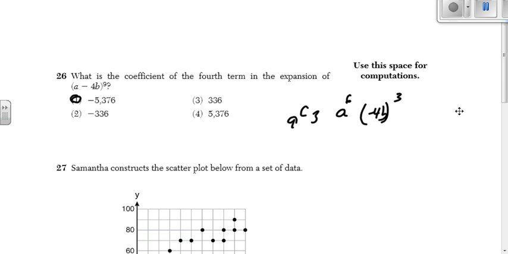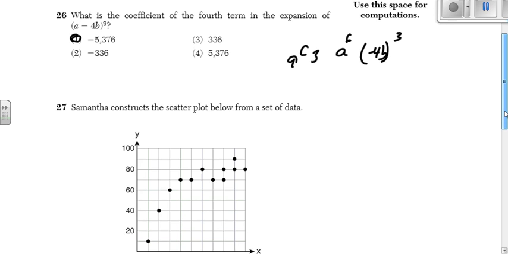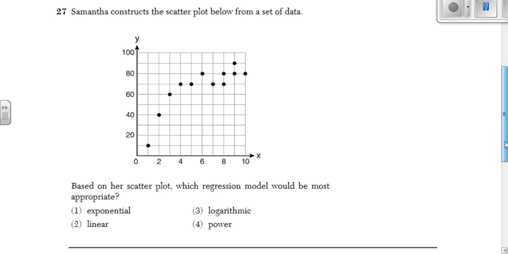Type that in the calculator. Estimate the scatter plot formed by the data stated below. So we're looking at this type of a graph. Alright, so let's stop there.